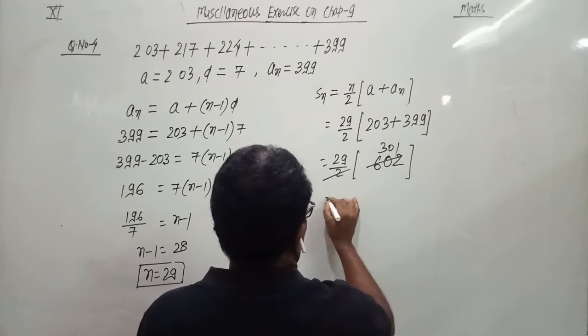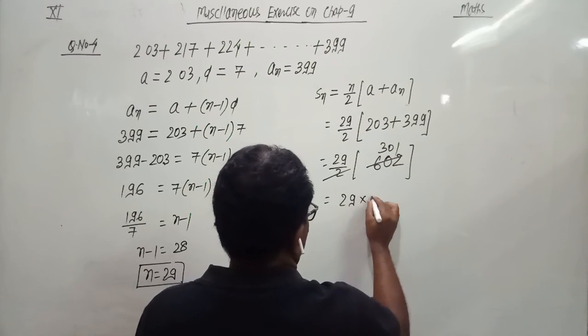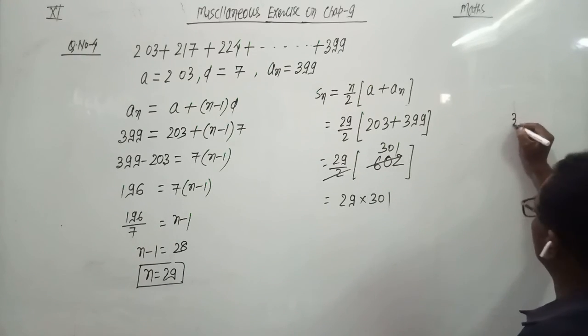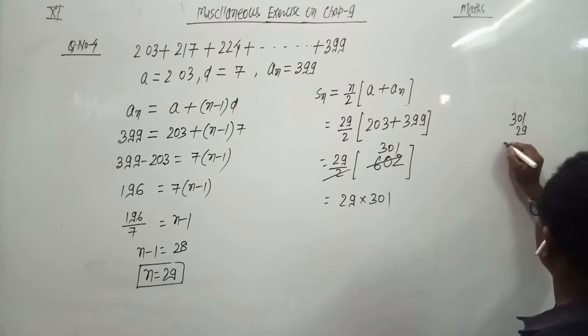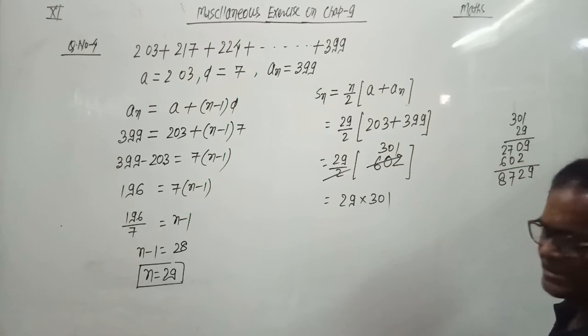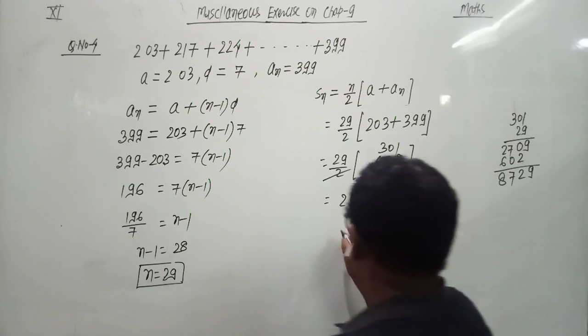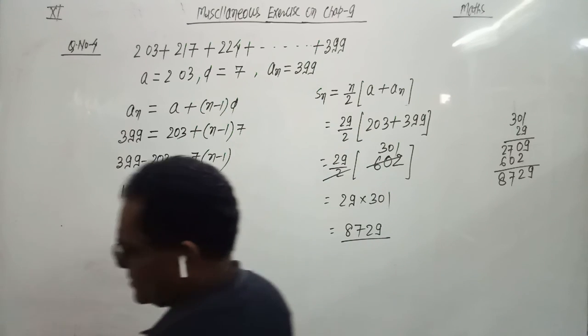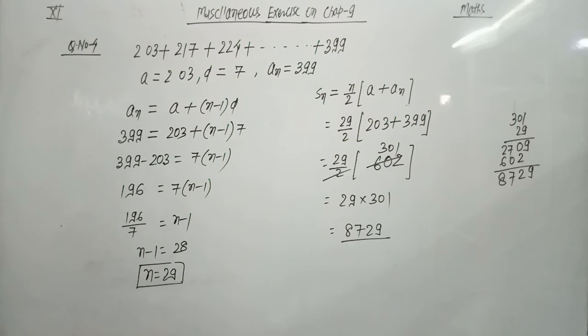So 29 into 301, 301 multiplied by 29. The result is 8729. So all the numbers between 200 and 400 which are divisible by 7, their sum is 8729.